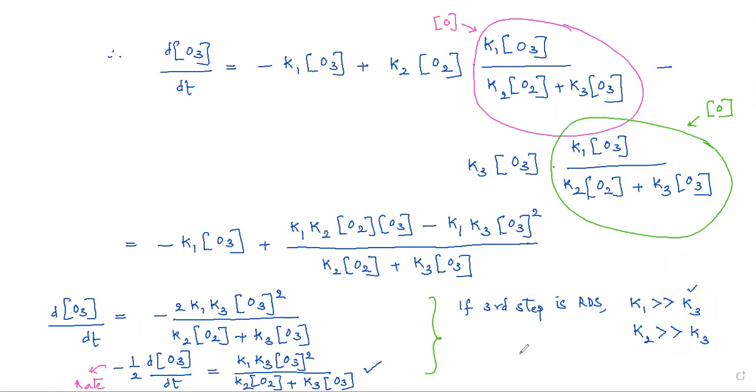If some other step is rate determining, then it will be likewise. If K3 is much less, then you can neglect this term in the denominator. If the third step is rate determining, then in the denominator we can neglect the K3 term. So that is the reason why it is given. Okay. So check this out. This is very interesting.